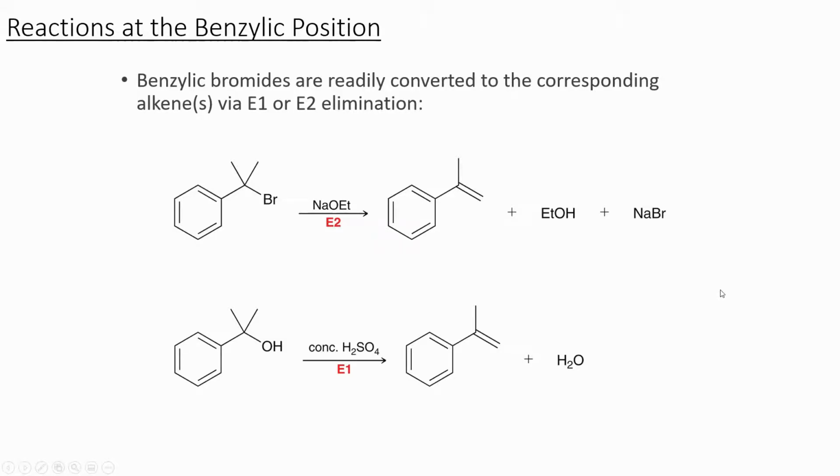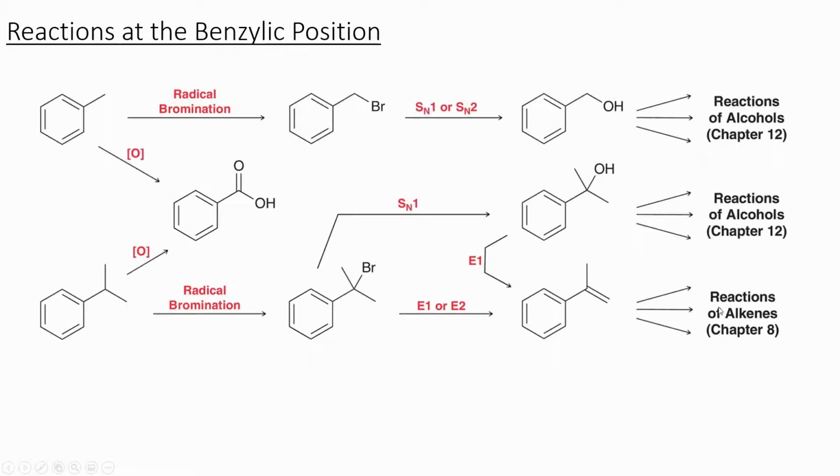We can also perform, based on the conditions, elimination reaction, E1 or E2 reaction from a benzyl bromide. Overall, these are just really good leaving groups, benzyl bromides. We can take benzyl alcohol, tertiary benzyl alcohol, and under sulfuric acid conditions, prepare the E1 elimination product. So there's a variety of different reactions that we've already looked at.